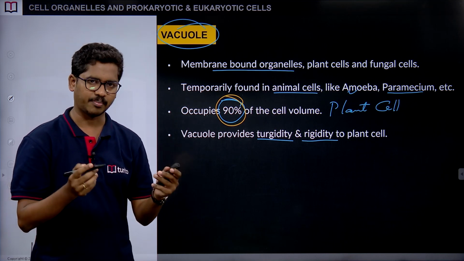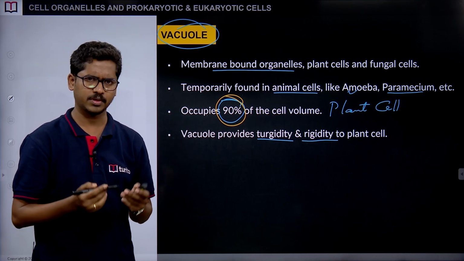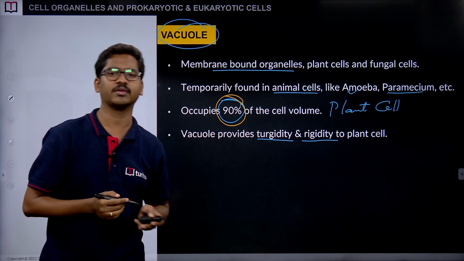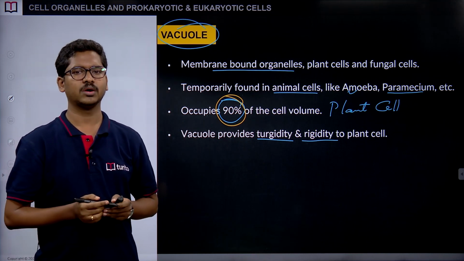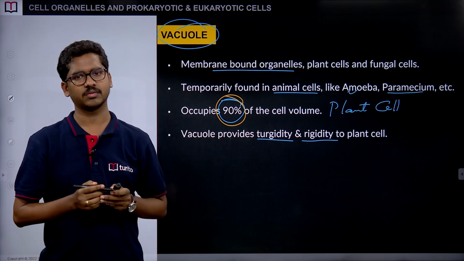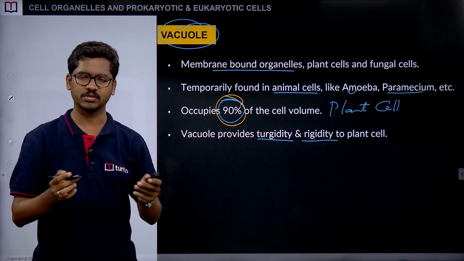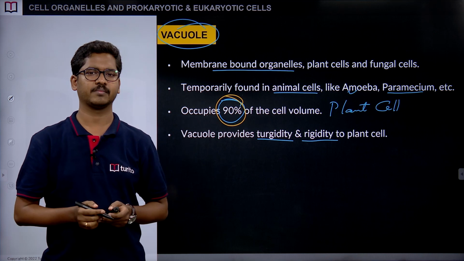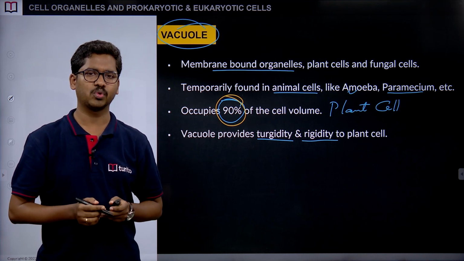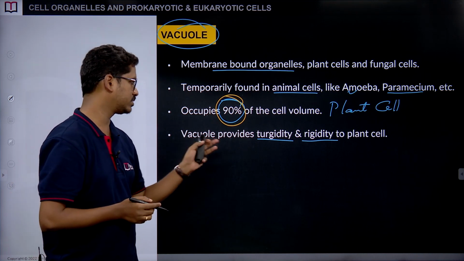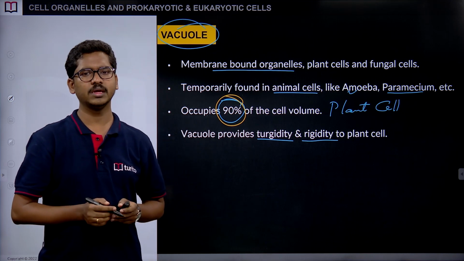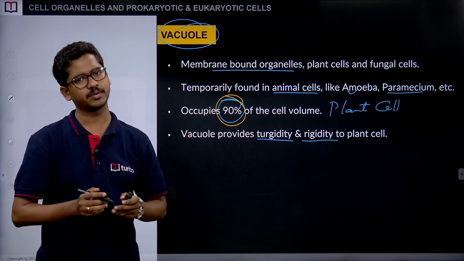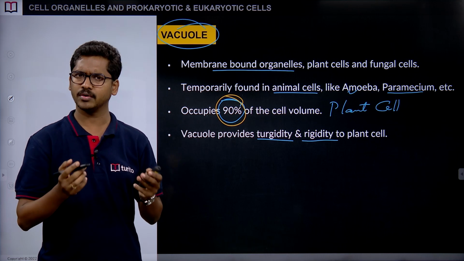It contains the cell sap, most of the cell sap is present inside the vacuole in the case of plant cell. Fine. What does that cell sap contain? It contains obviously a whole lot of water. Now, when it contains a whole lot of water, you must understand it is such a component present in every cell, every living organism.